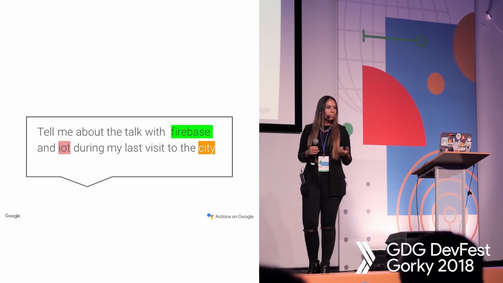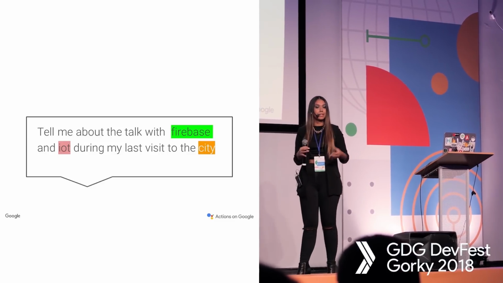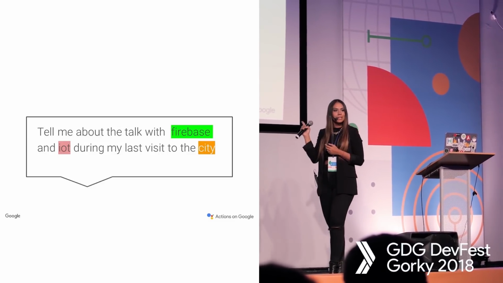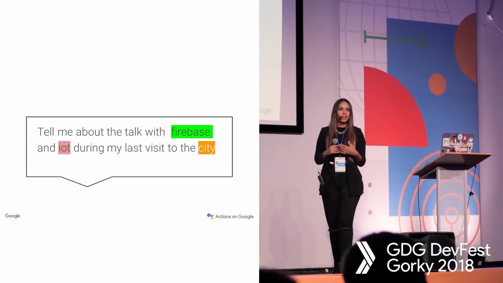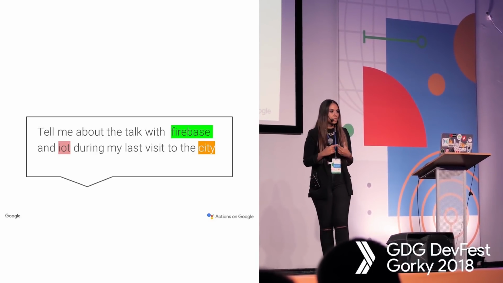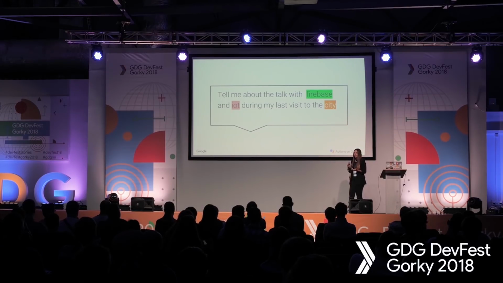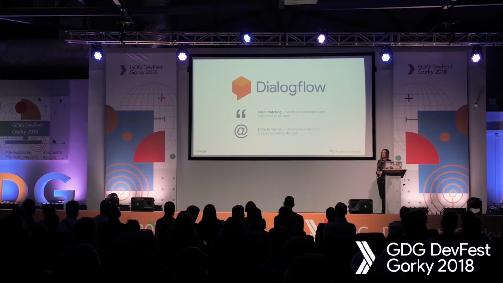Firebase, IoT, maybe because they are related, they can be topics about the conference. Second, we have city. City is another highlighted word. The user knows what a city is, but what about the computer? So basically, there will be an entity that says, okay, I know that city can be London, Nizhny Novgorod, or somewhere else. Let's see how we can make it.